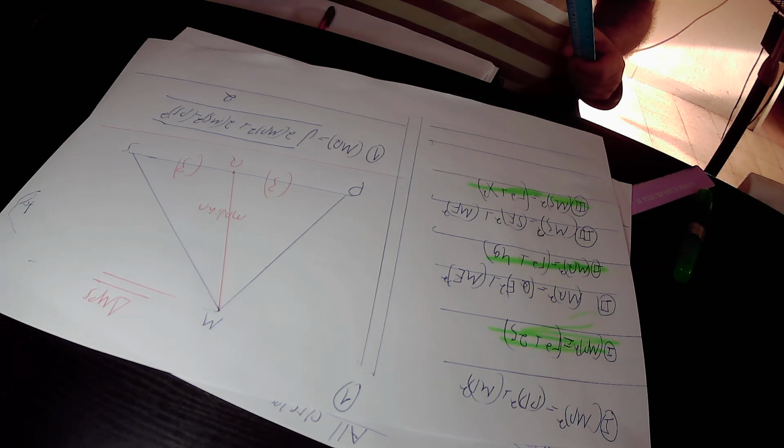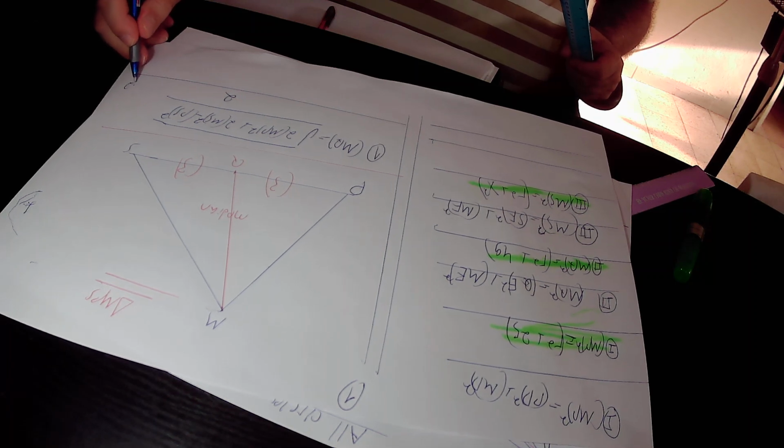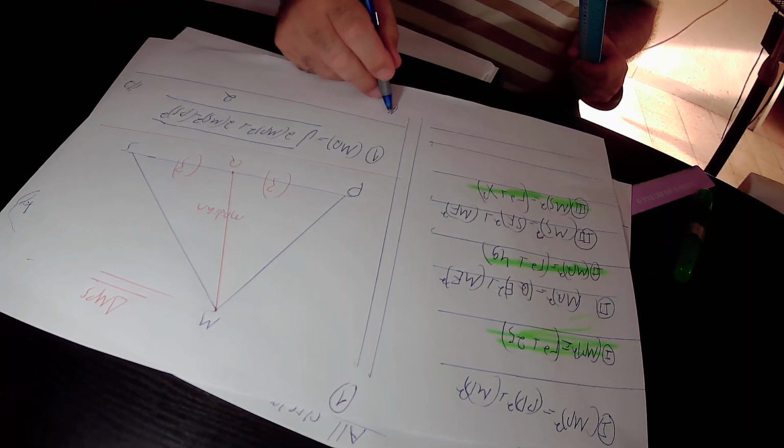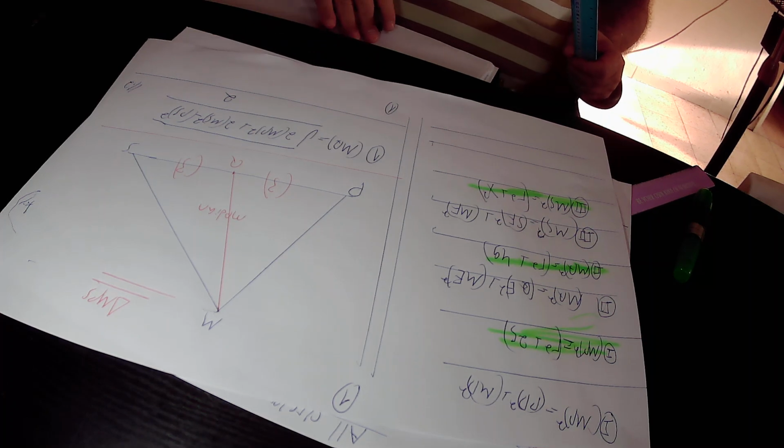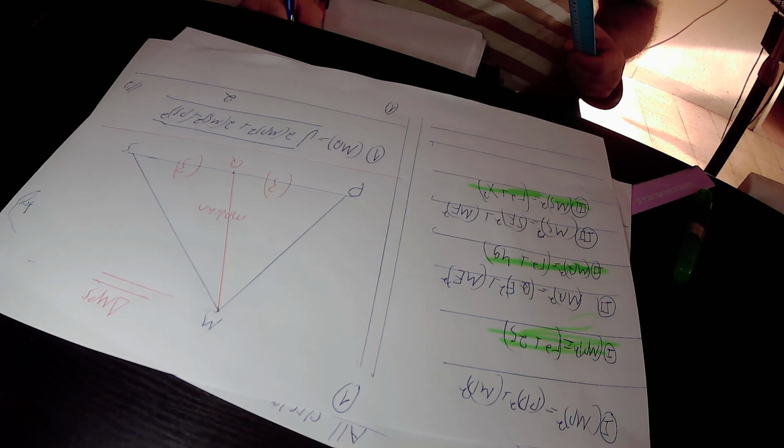Here we multiply this equation 1 by 2, and we get that according to equation 1, 2 times MQ equals the square root of 2MP squared plus 2 times MS squared minus PS squared.